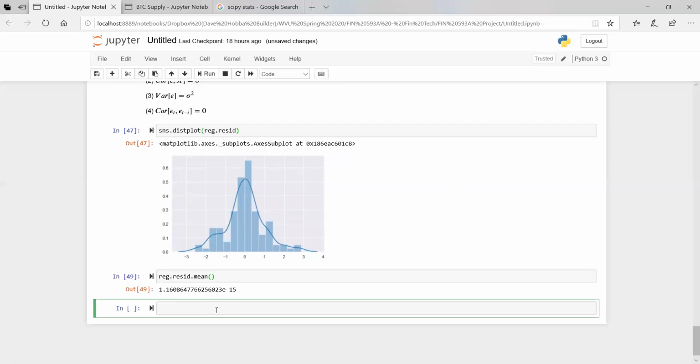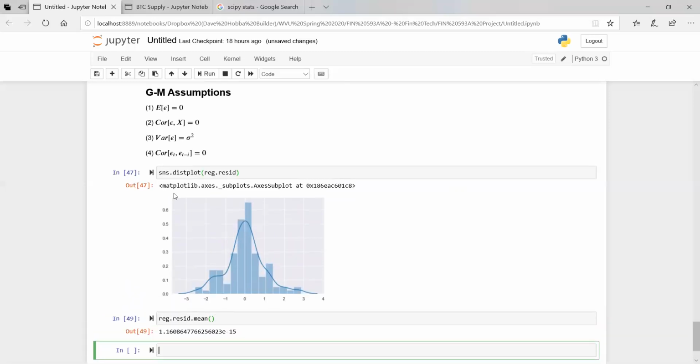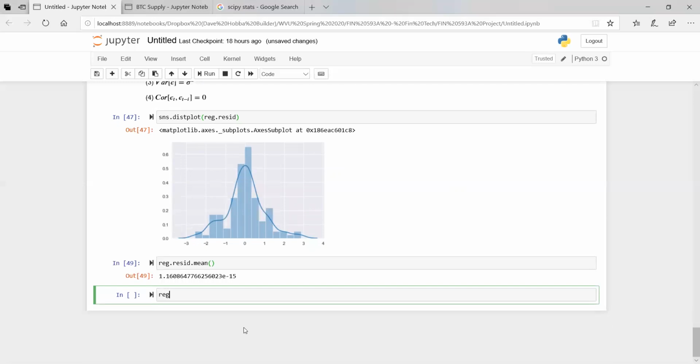When you go to do your test, the null hypothesis would be that it is equal to 0. The alternative hypothesis would be that it is not. So you would divide this by the standard error, and this is going to be a very small number.